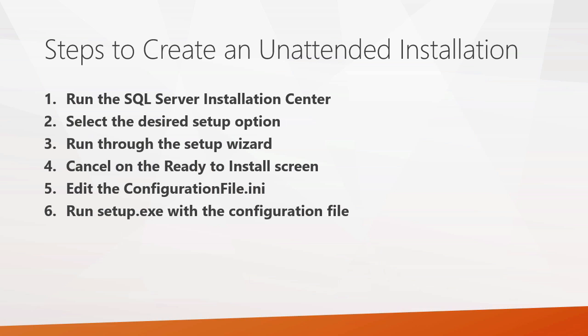That will tell you where your configuration file.ini is located, which recorded all your configuration settings. Cancel at that point. Then you can edit your configuration file.ini, setting in whatever desired options you have to make it run. There's a couple things you need to do to make it run unattended, and I'll show you that in a demo in a second. Then finally, you run the setup.exe program and supply it that configuration file as a parameter.